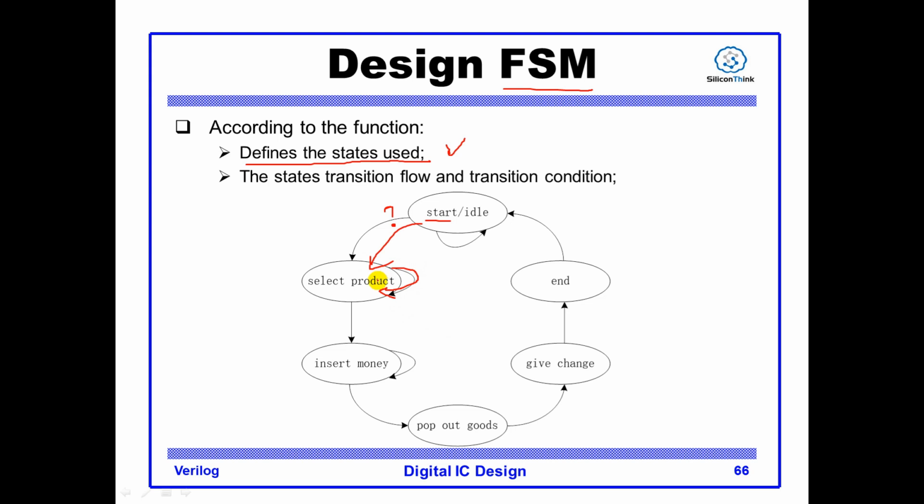That is, in cycle 1 it is in this state, and in cycle 2 it is still in this state. What's the condition? And what's the condition for a state to transition from this state to the insert money state? You have to define it, or think about it, before coding. These are the two key points when you want to define a finite state machine.